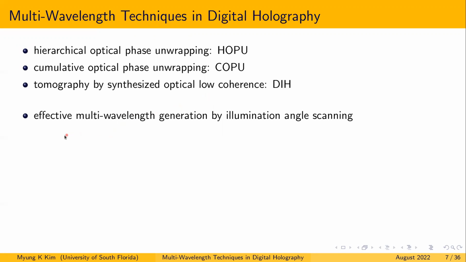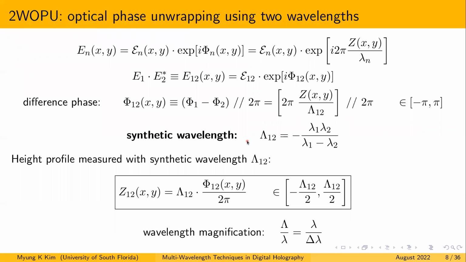It turns out that the multiple wavelengths can be generated not just by actually using different laser sources, but also simply tuning the illumination angle using a single laser, which can significantly reduce experimental cost and complexity.